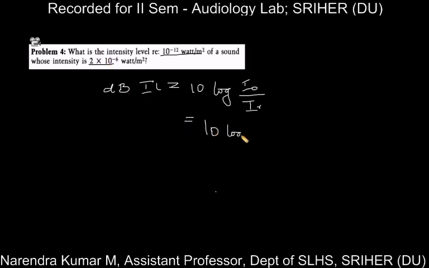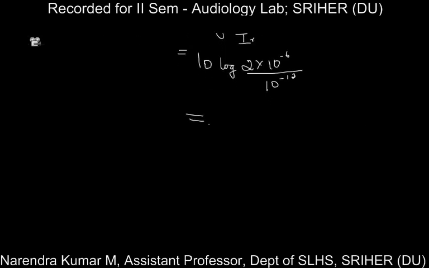The formula becomes 10 log 2 into 10 to the power minus 6 divided by 10 to the power minus 12. On simplifying this equation, it becomes 10 log 2 into 10 to the power minus 6.